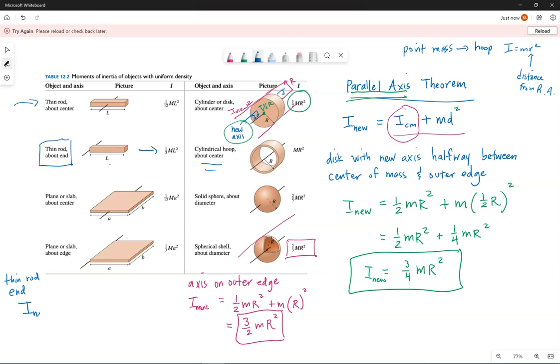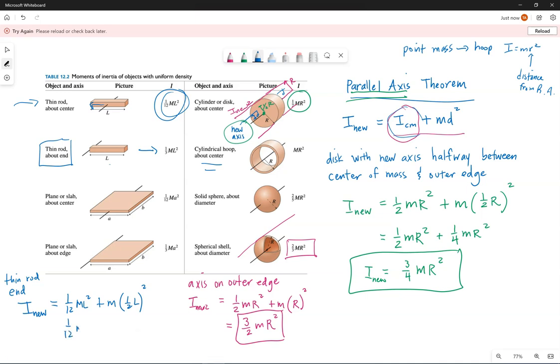All right, I new, meaning I around the end. I center of mass, I have to grab the 1/12 ml squared because I need the I through the center specifically. And then I would add the shift from the center all the way to the end, which would be 1/2 the total length of the rod.